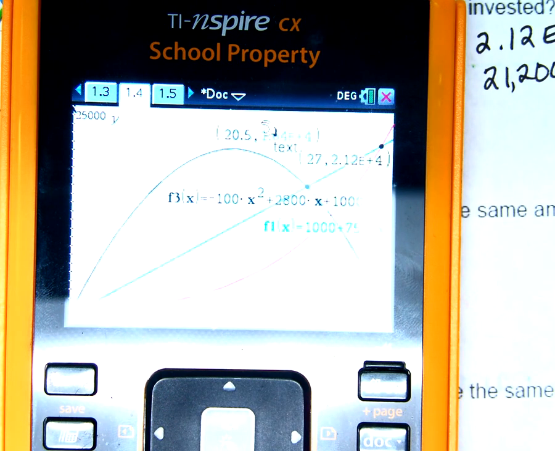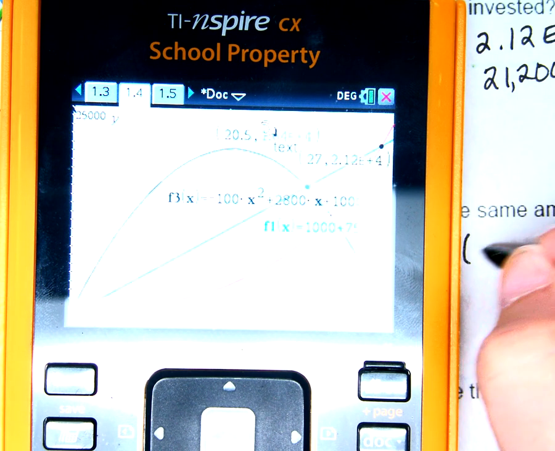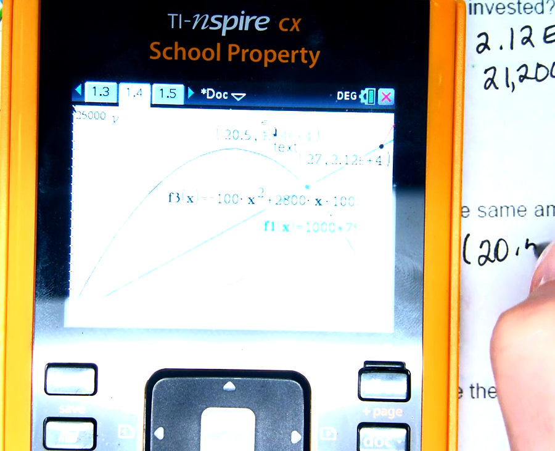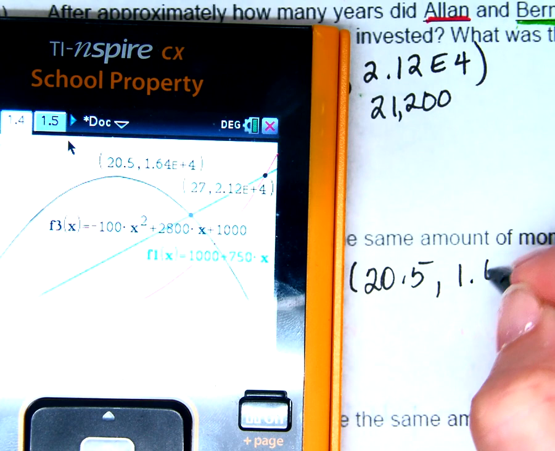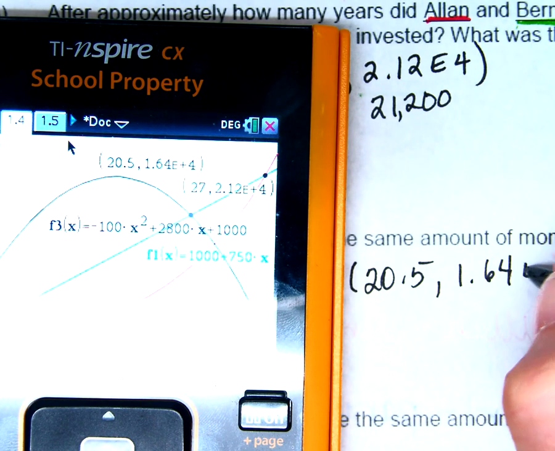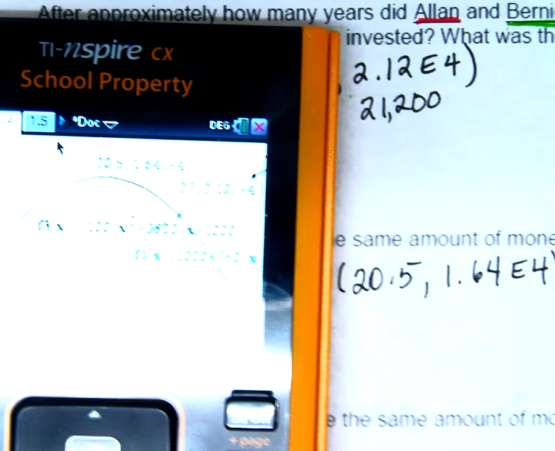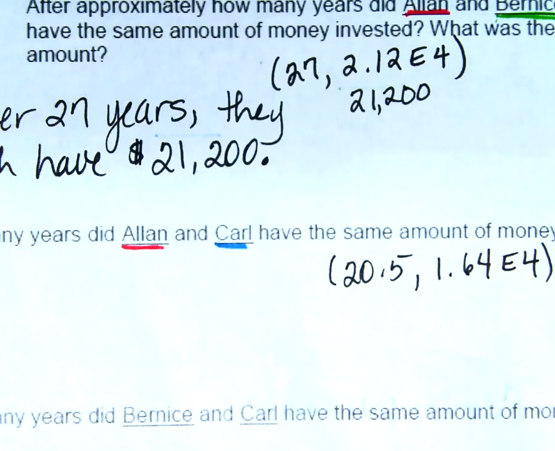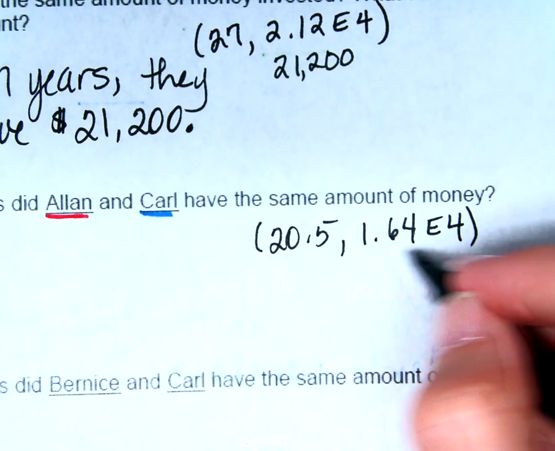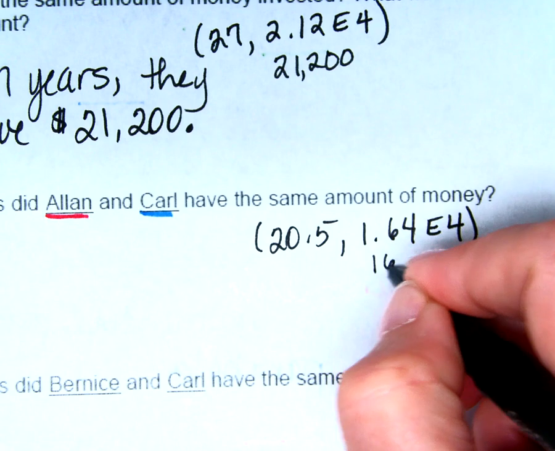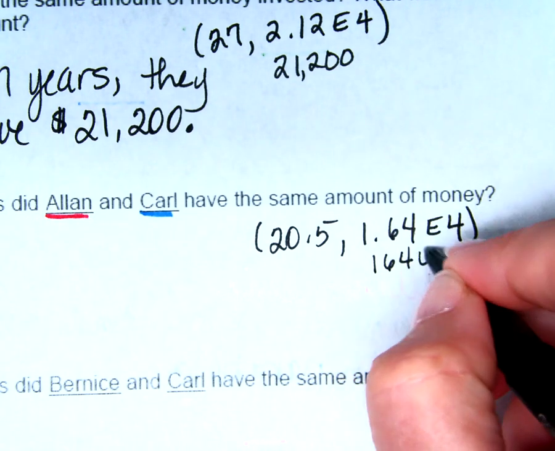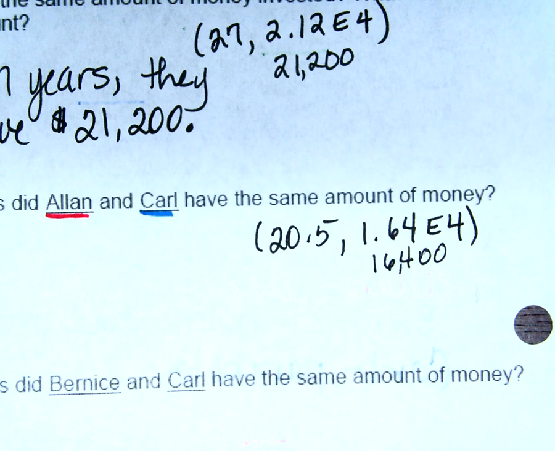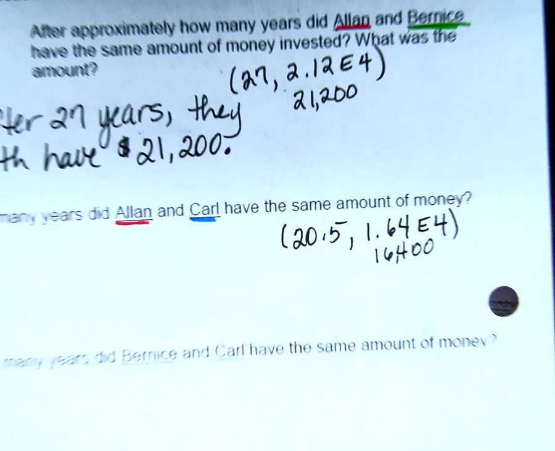Okay. And what I see on my graph is 20.5, 1.64E4. Is that what yours says? Okay. So let's make sure we understand what number this is. 1.64E4 means times 10 to the fourth, so 1, 2, 3, 4, right? So now let's answer the question.